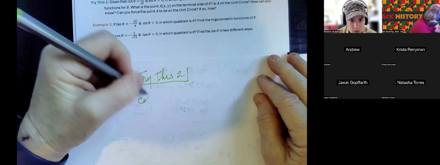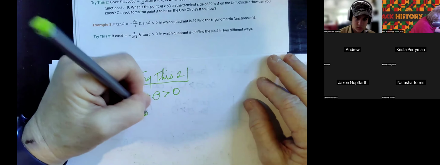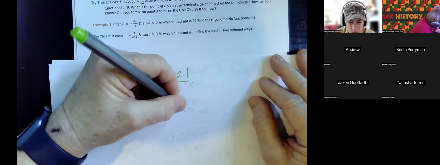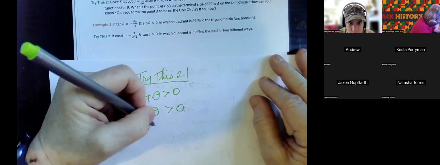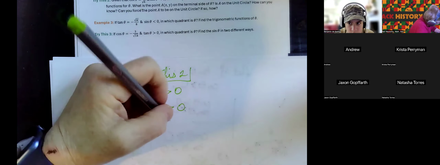If the cotangent is positive and the cosine is positive, in which quadrant is theta? Number one. Yes, good.